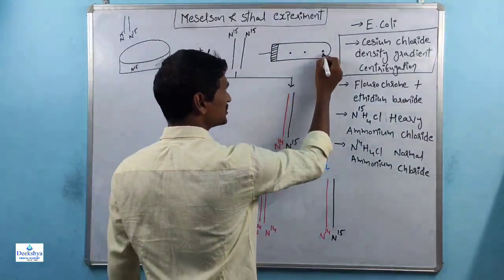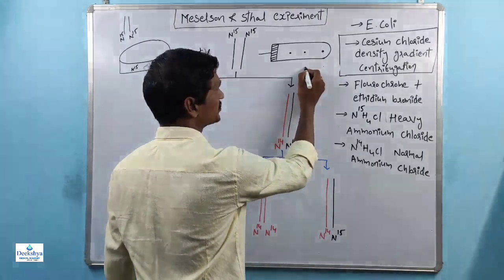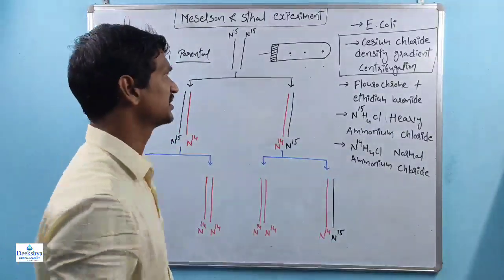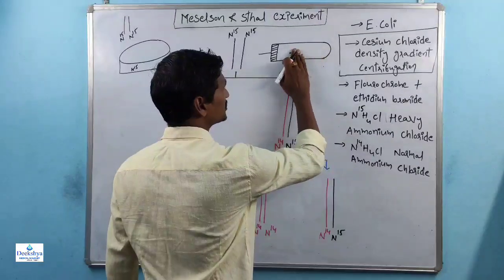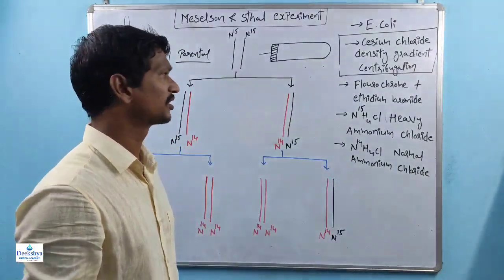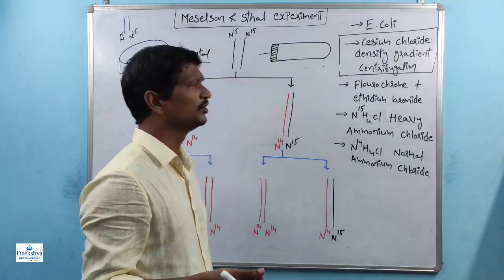Some are present here, some here, and some here. This one indicates high molecular weight, this one indicates medium molecular weight, and this one indicates low molecular weight. So molecules are separated based on molecular weight. That is the use of cesium chloride.